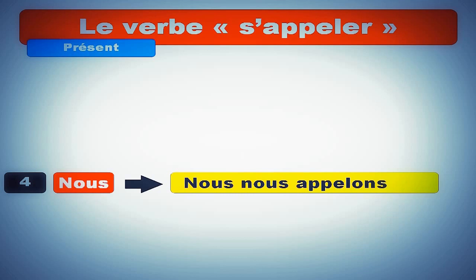So, let's pronounce it together and just put some liaison. Nous nous appelons. Repeat. Nous nous appelons. Okay, so you can notice that the pronunciation is a bit different for the verb. It's appelons. Okay, because there is only one L there. Nous nous appelons. So repeat.